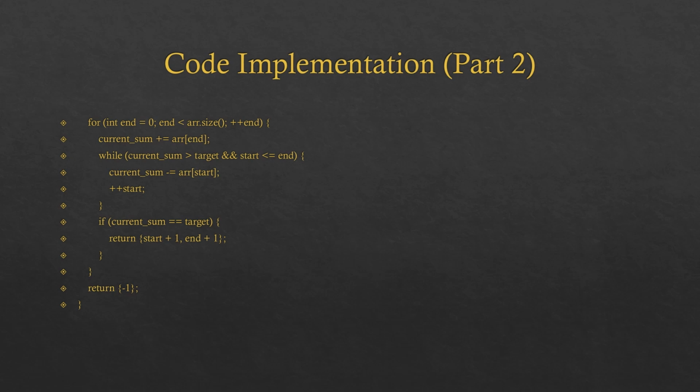At each step, we add the element ARR[end] to current sum. If the sum exceeds the target, we shrink the window by moving the start pointer forward and subtracting ARR[start] from current sum. If we find a matching sum, we return the indices.